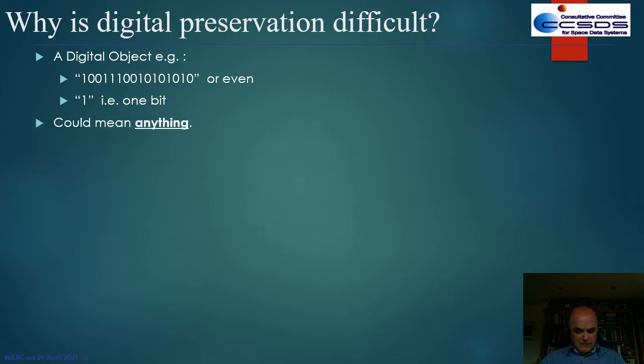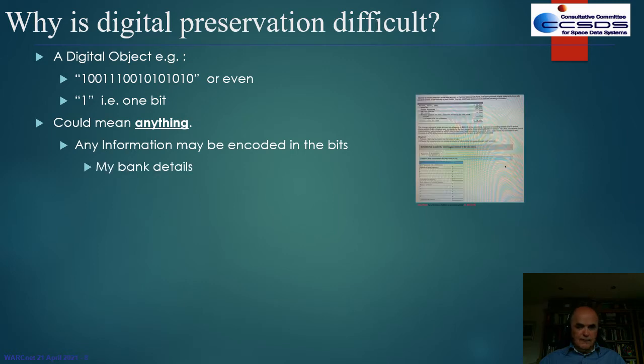Well, the bit sequences here could mean anything. Maybe a PDF with a bank statement.